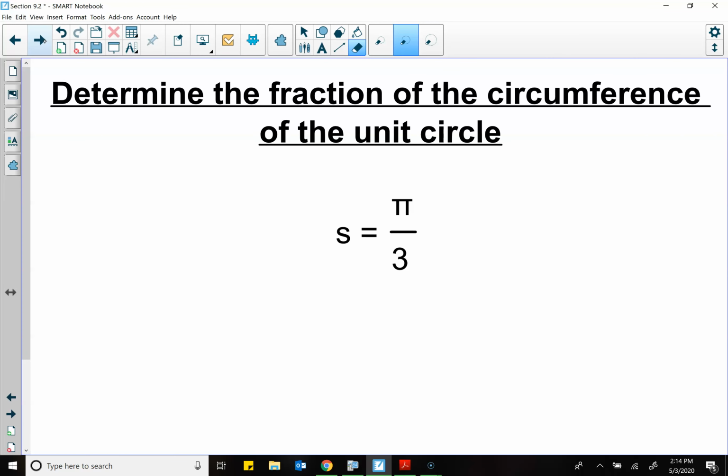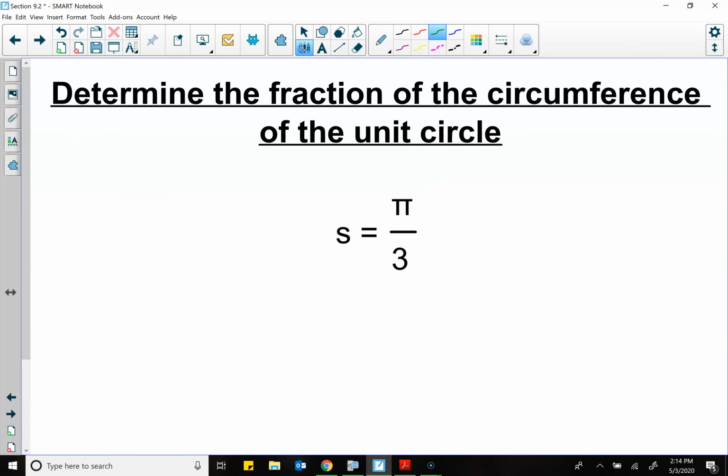So one of the questions it's going to ask you, it says, determine the fraction of the circumference of the unit circle. So in other words, they want to know how much of the unit circle pi over 3 is taking up. Okay, they want the fraction of it. Because it's not obviously taking up a full circle, it's taking up a part of it.